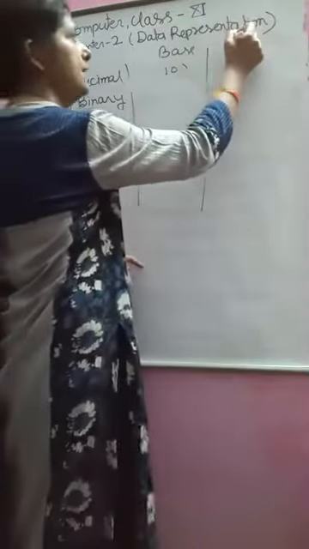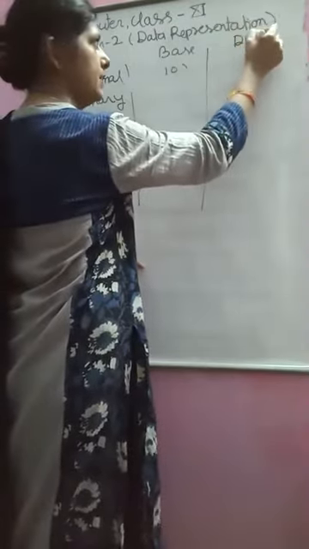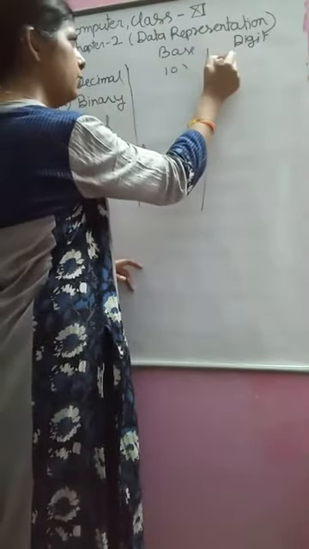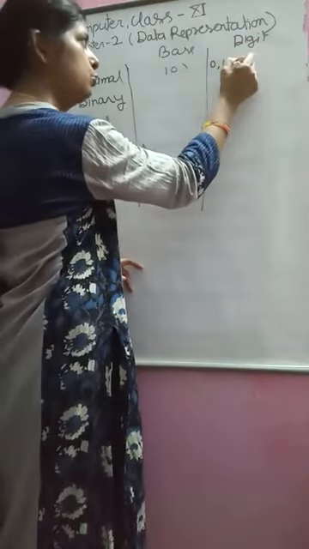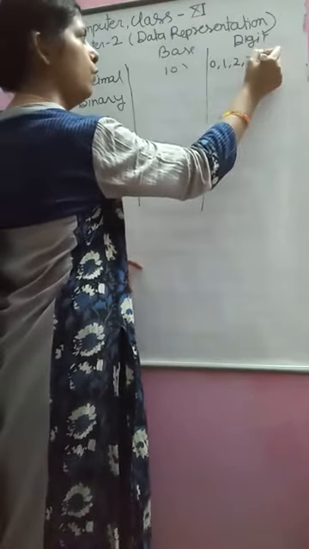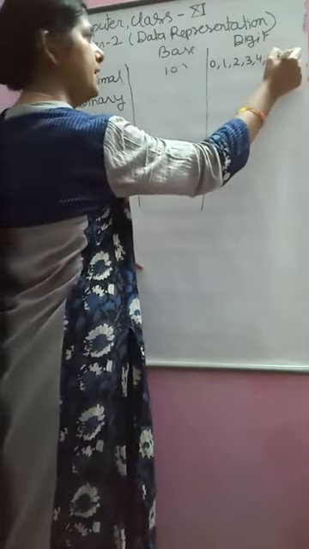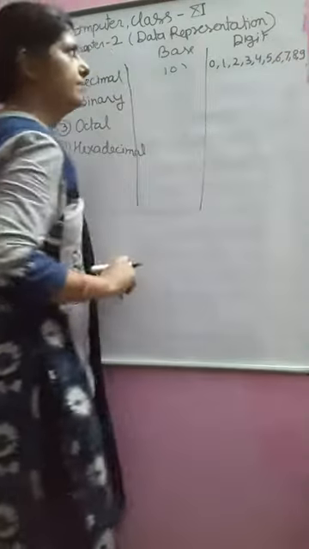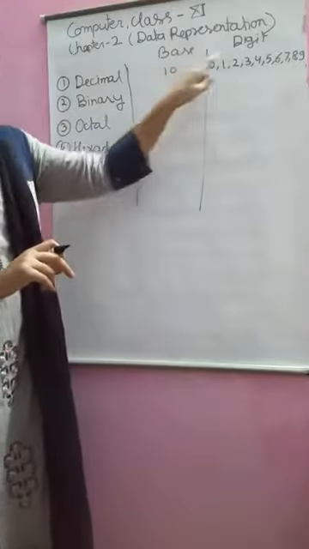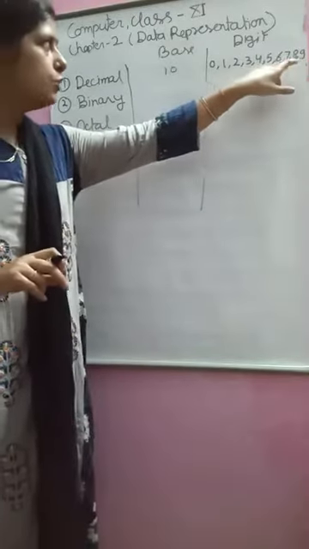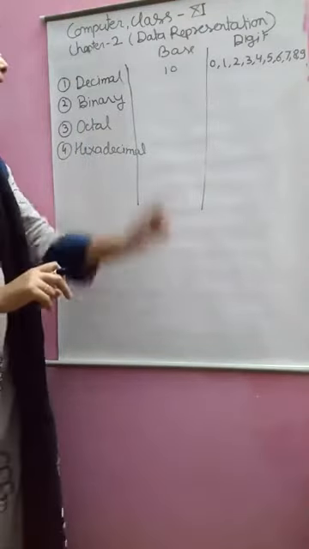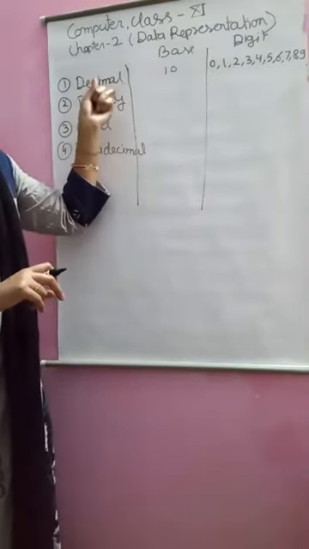Means the digits in the decimal number system are 0, 1, 2, 3, 4, 5, 6, 7, 8 and 9. That is 0 to 10 minus 1.